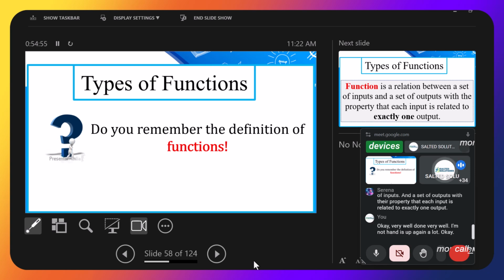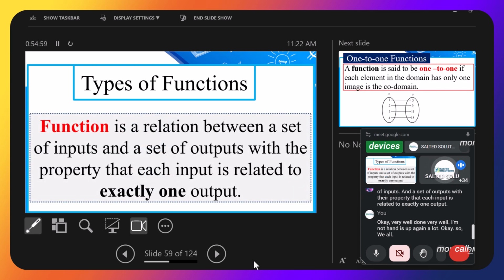We will all agree that a function is a relation between a set of inputs and a set of outputs with the property that each input is related to exactly one output. This was the definition we discussed the other time. And on my slide, you can see that exactly one is bolded. And I hope we understand that statement.